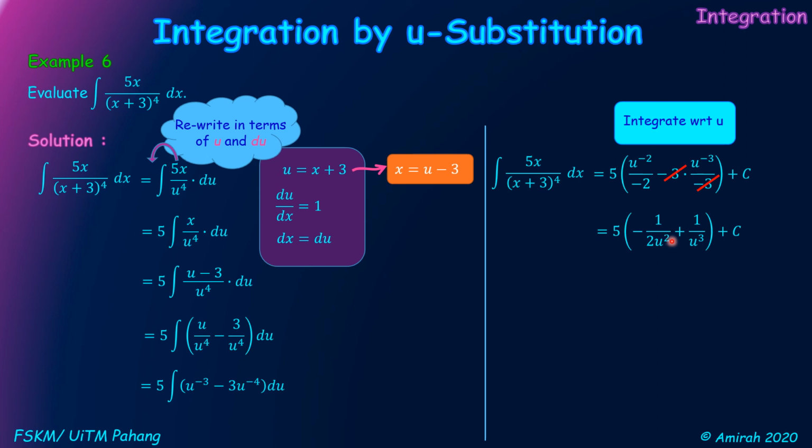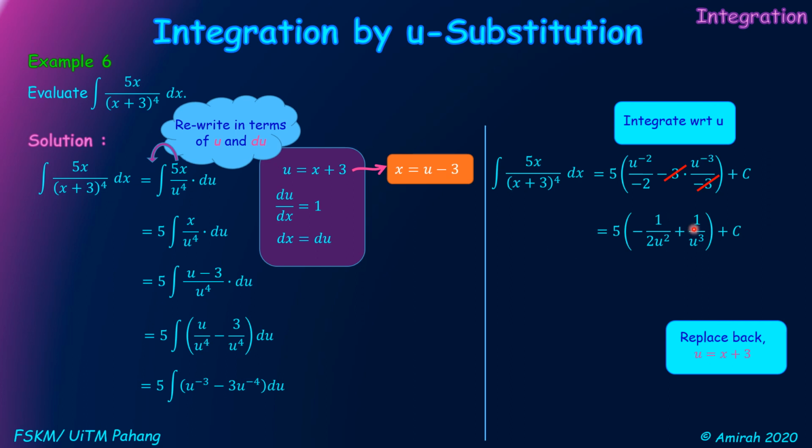Then negative divided by negative equals positive here, and there is no more 3 because we simplified it. Then we move down u to the power of -3, so we get 1 over u cubed, and then plus c.